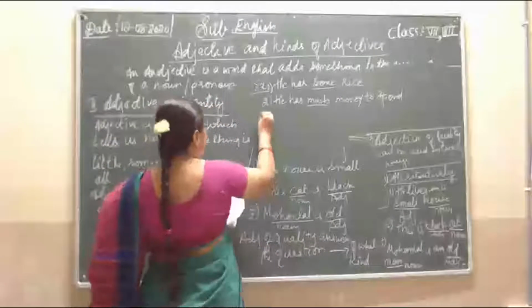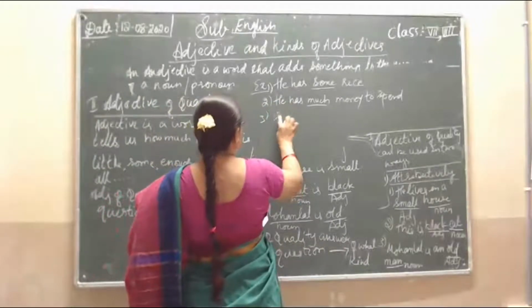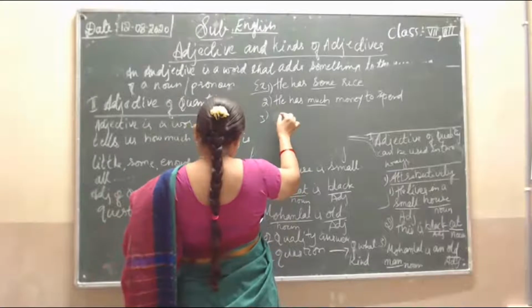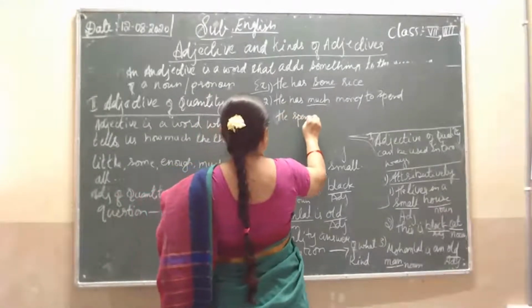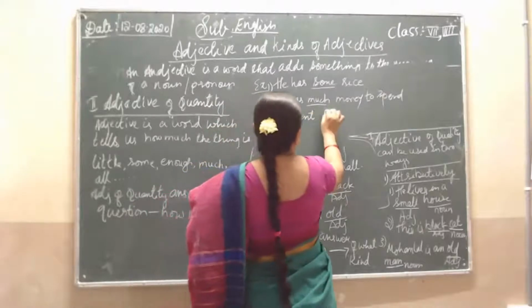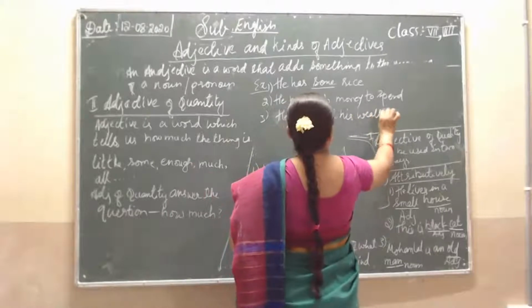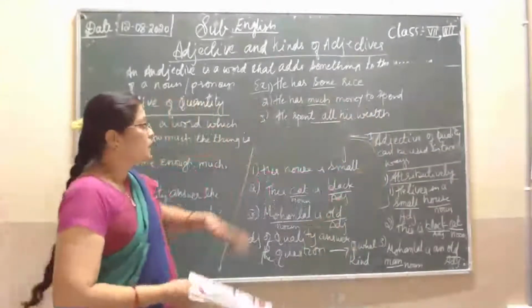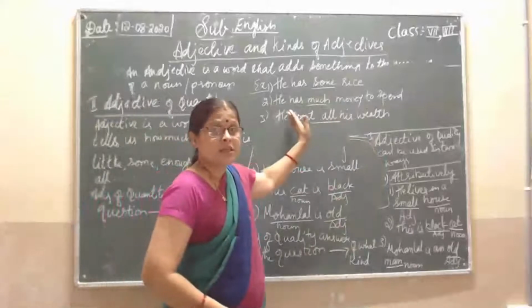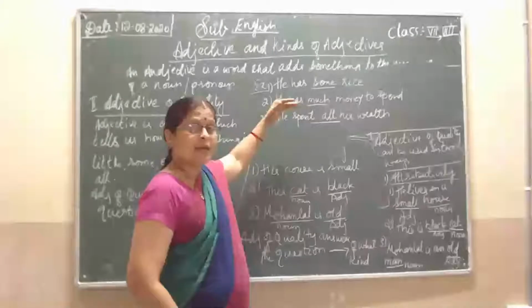Then the third is: he spent all his wealth. He spent his wealth, but we add something to this sentence, that is quantity.